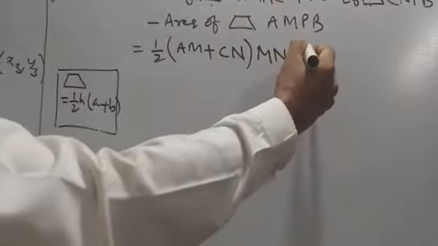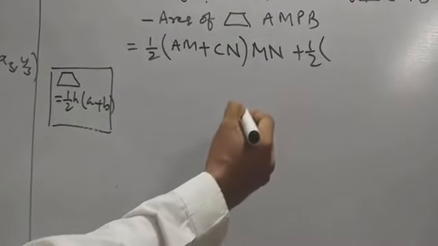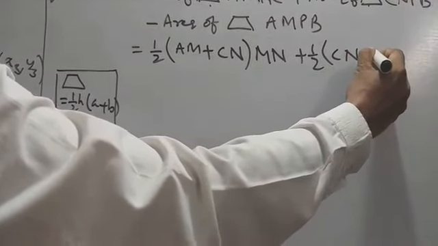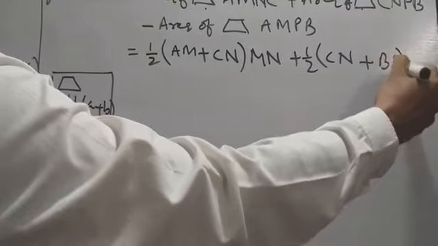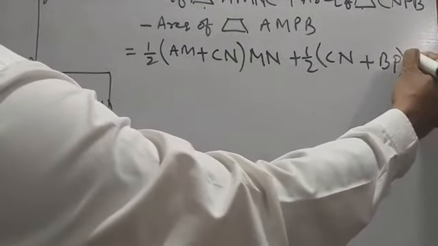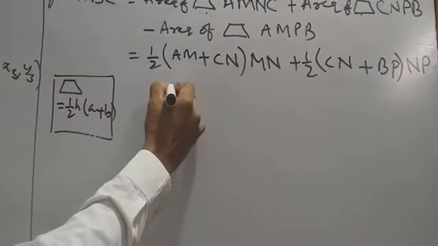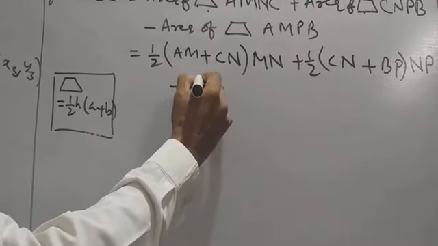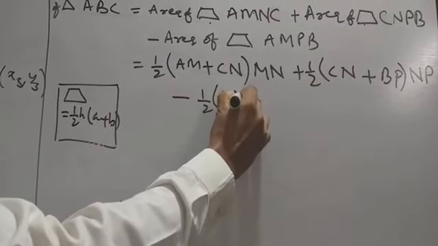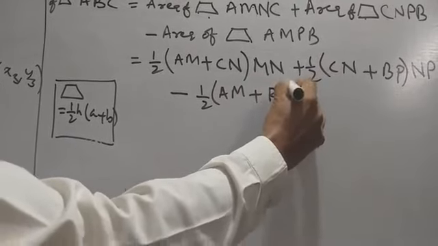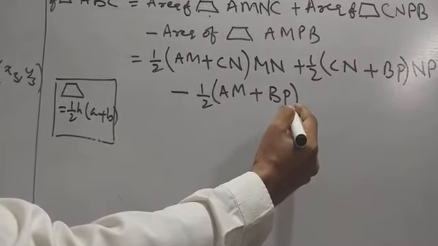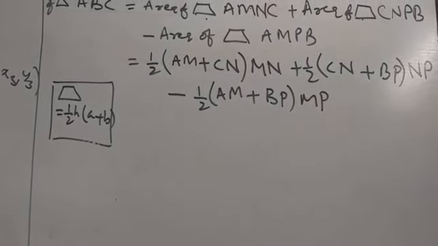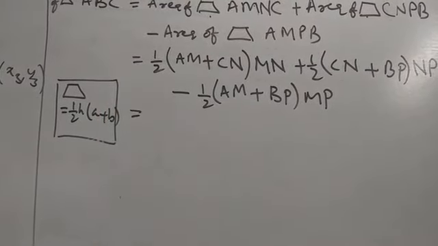Similarly, plus half into the parallel sides CN plus BP into the height NP, minus the area of trapezium AMPB, which is half into AM plus BP into the height MP. Once again, check the diagram.